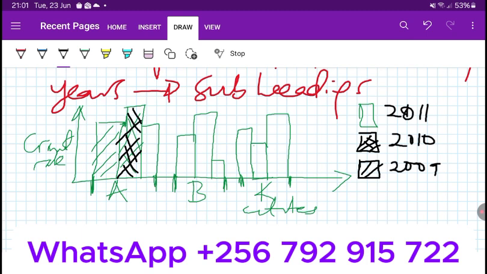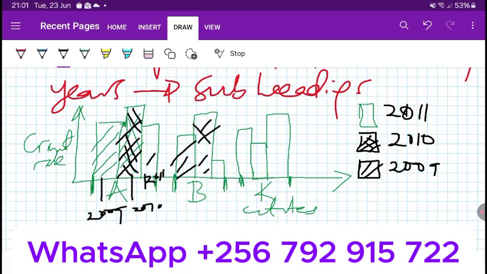Meaning, on the horizontal axis, we have two things. We have the main headings and then the subheadings. That is the implication. That this will be 2009, this is 2010, and this is 2011. Then we do the same thing here. We keep the same heading. So that's the kind of graph that we are going to be having, and that's how it's going to look like.